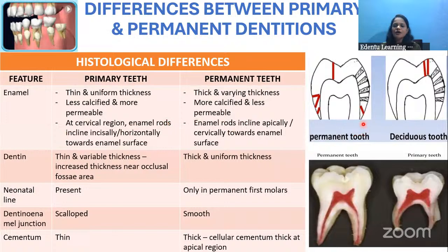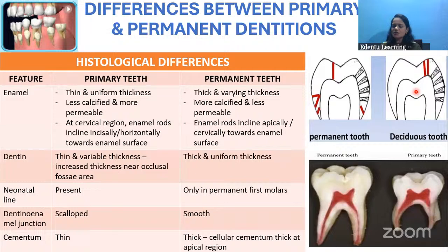Now there is a difference in the direction of the enamel rods in the primary and permanent teeth. In the primary teeth, the enamel rods are placed horizontally like this at the cervical region. But in the permanent tooth, the enamel rods are placed a little towards the apical region, downwards like this.